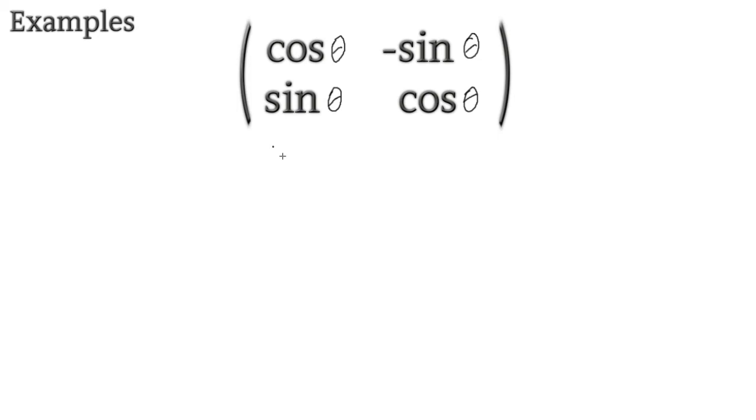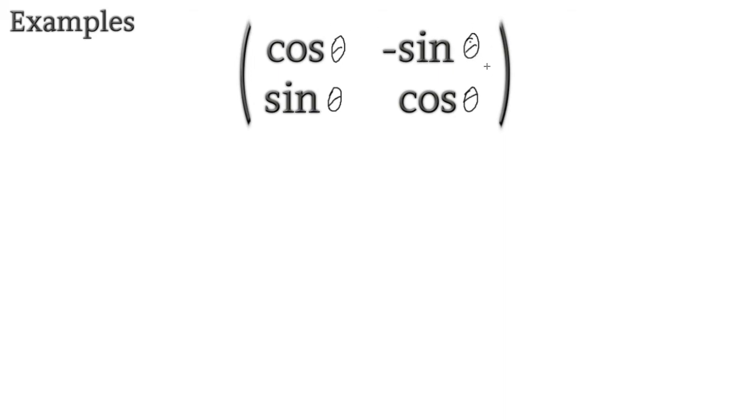So to be honest, nothing much to talk about here. Let's find the matrix for an anti-clockwise 90 degree rotation. By definition, an angle is positive in the anti-clockwise direction.